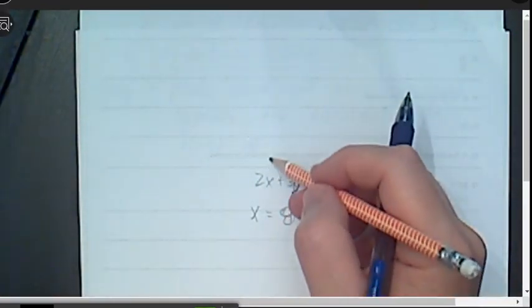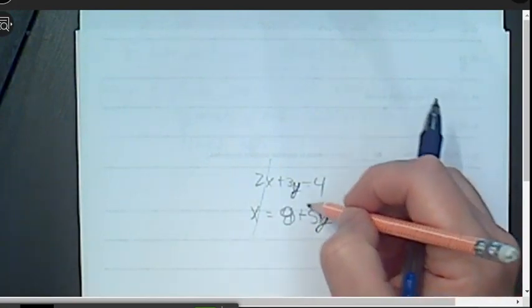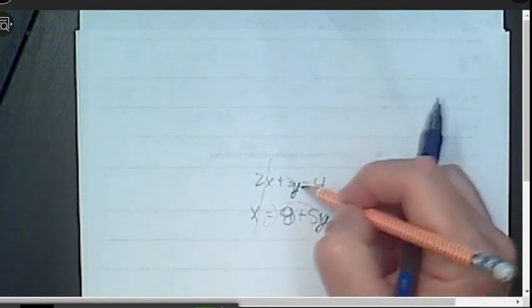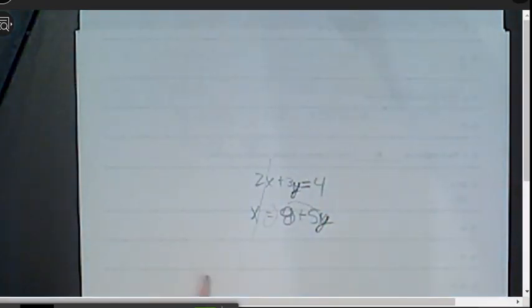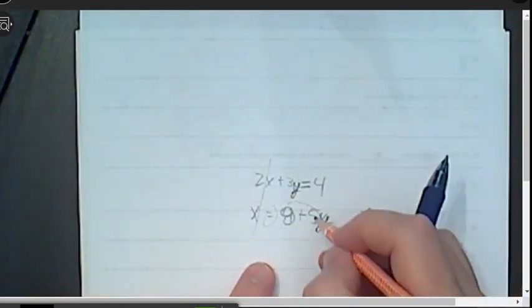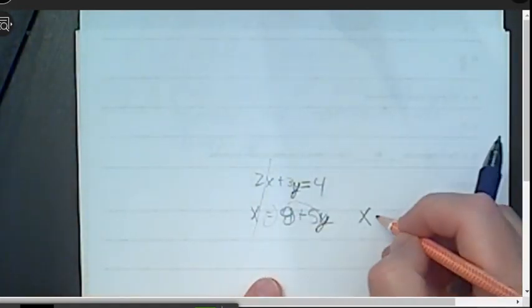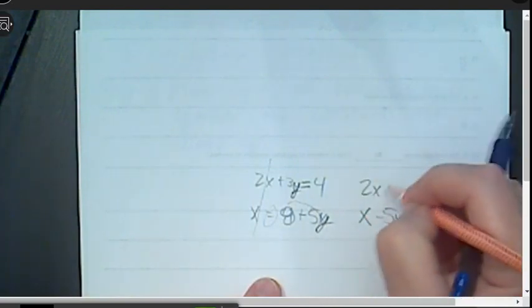Your x's are okay because they're lined up. You'd have to move the 5y over here so that you could switch these two numbers around. You'd also have to get this equal sign in the same location as this equal sign, and the same way with your constant. So basically, you'd have to rewrite this equation so you'd have x, and move this 5y to the other side of the equal sign. So you'd have something like that.